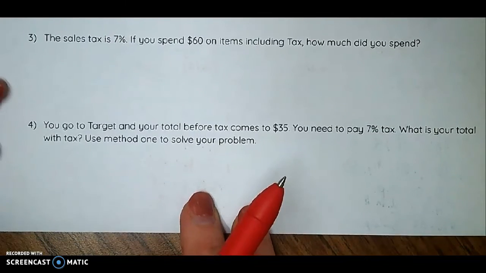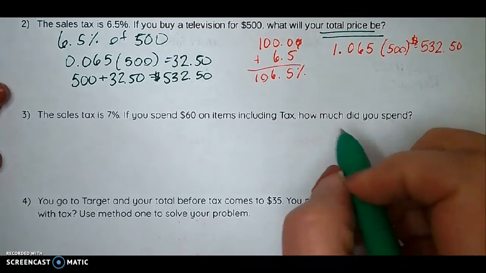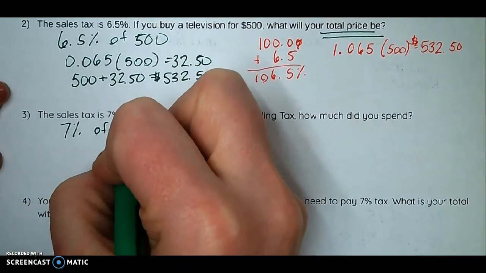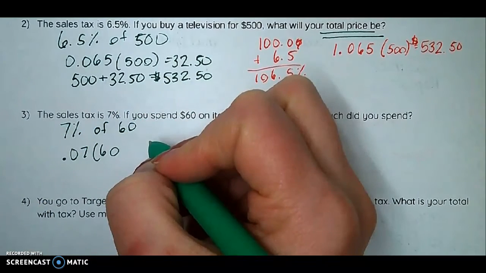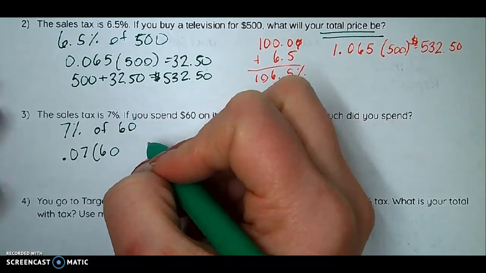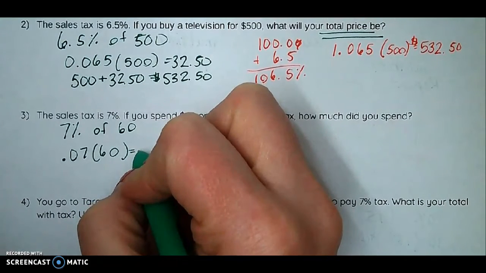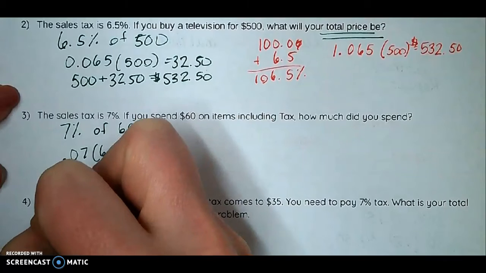This next one right here, the sales tax is 7%. I'm going to slide that down so we can still see what we did here. If you spend $60 on items, including tax, how much should you spend? So 7% of 60, which is $4.20.